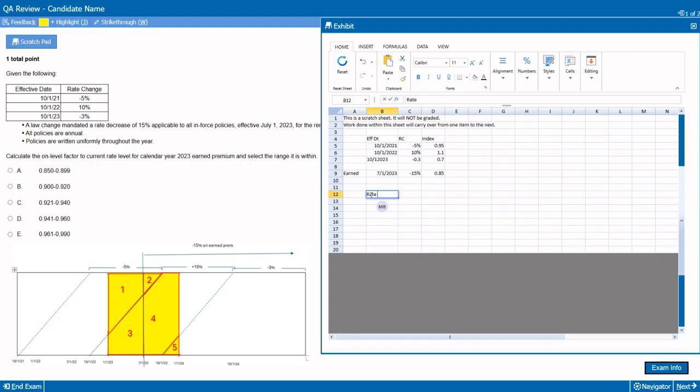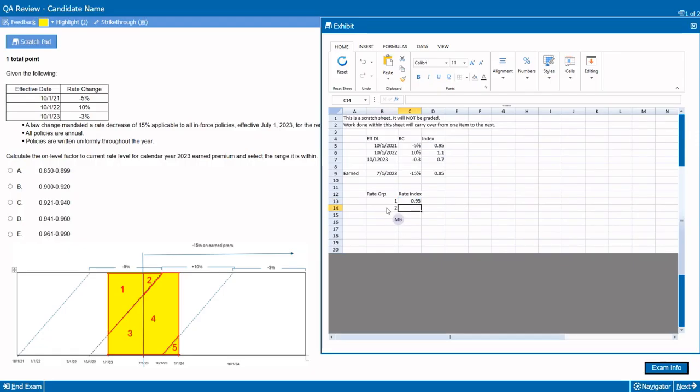I'll call it rate group 1, has a rate level that includes just the 5% rate decrease. So I'm just going to pull in the rate index here for that period.